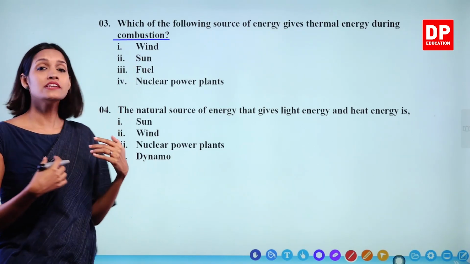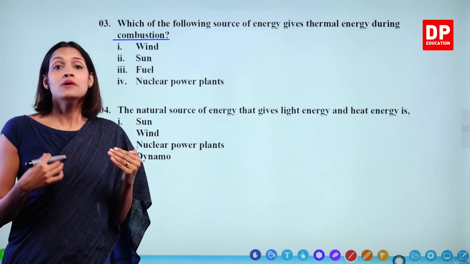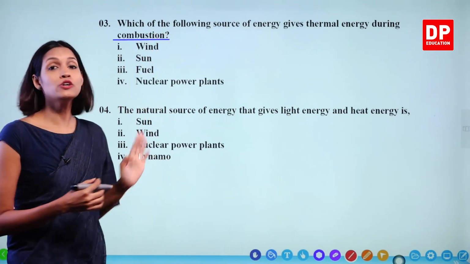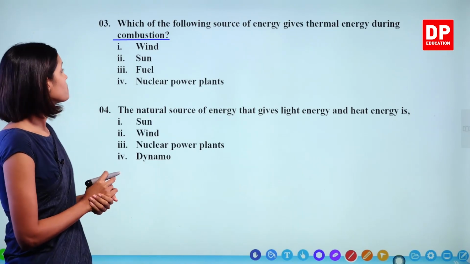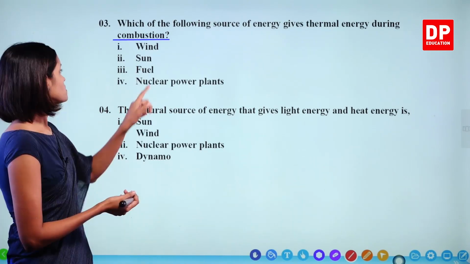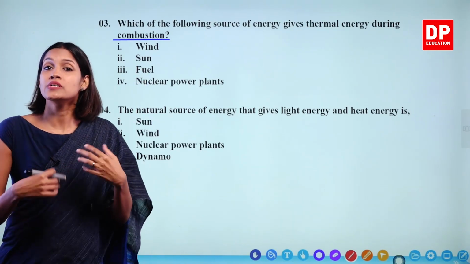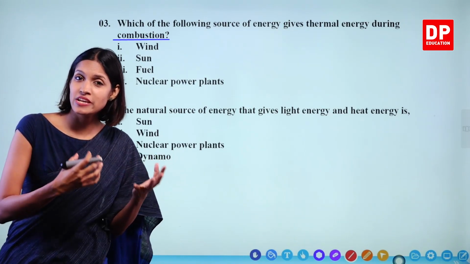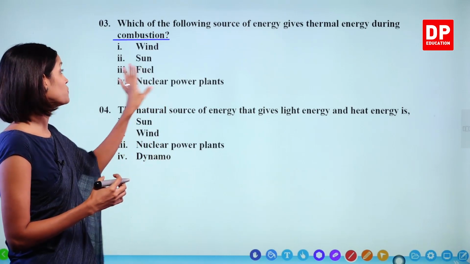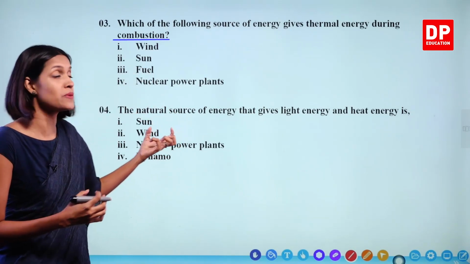Sun. Sun gives us heat energy. But this heat is produced by nuclear reactions, not by combustion. Okay, children? Fuel. So when it comes to fuel, by burning fuel, we can obtain heat energy. Burning something means that is combustion, right?